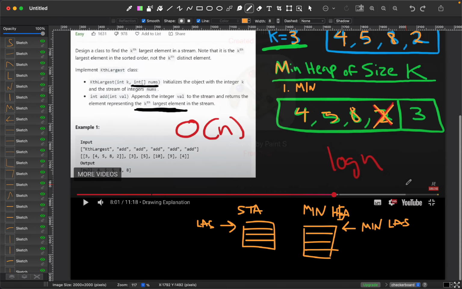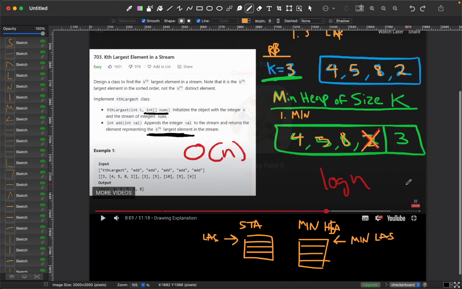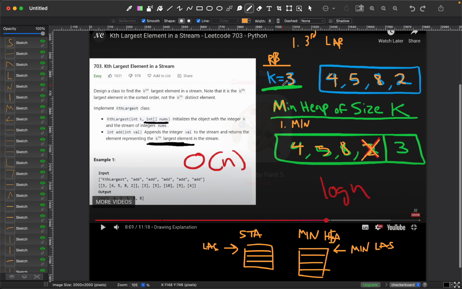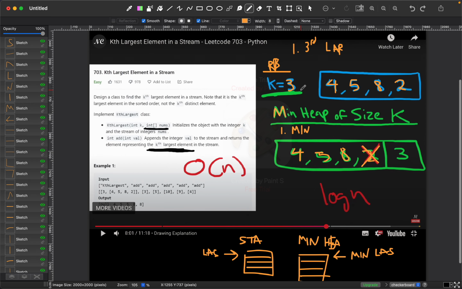So what I'm trying to say is that among these guys, what we are interested in is the third largest value. By removing 2, now we put this last guy to be the guy that we are very much interested in, which is the third largest value. Among these 4 values, whatever we are interested in is the number 4.